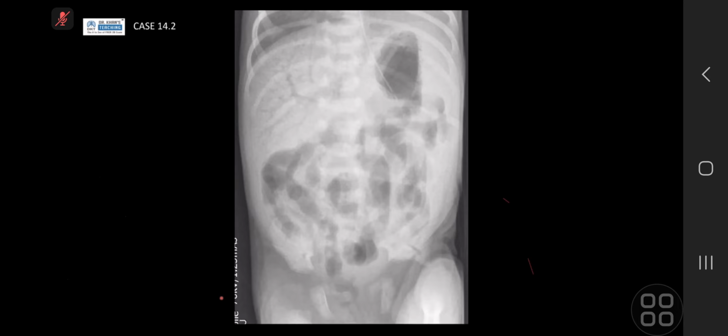So this is portal venous gas. I don't see any pneumoperitoneum. So this is a case of necrotizing enterocolitis complicated by pneumatosis intestinalis and portal venous gas. Perfect. This is a surgical emergency.